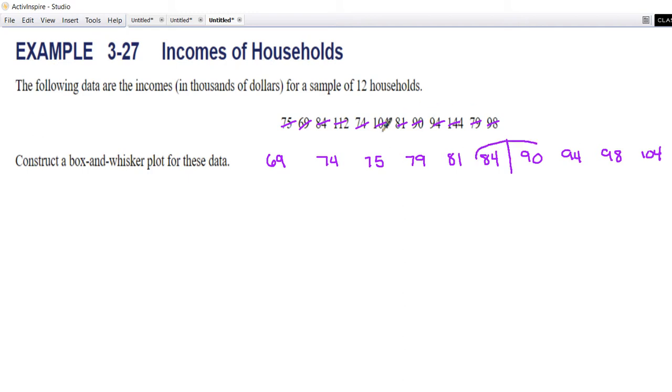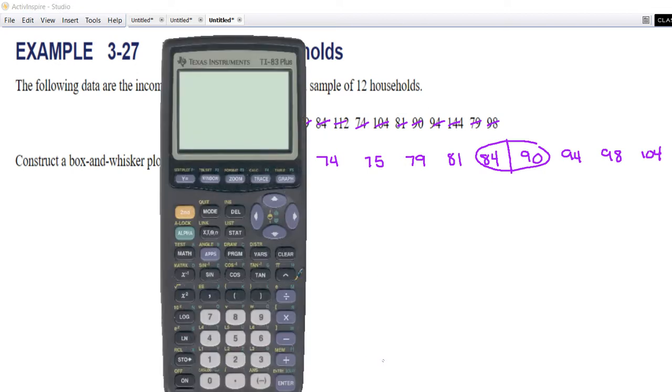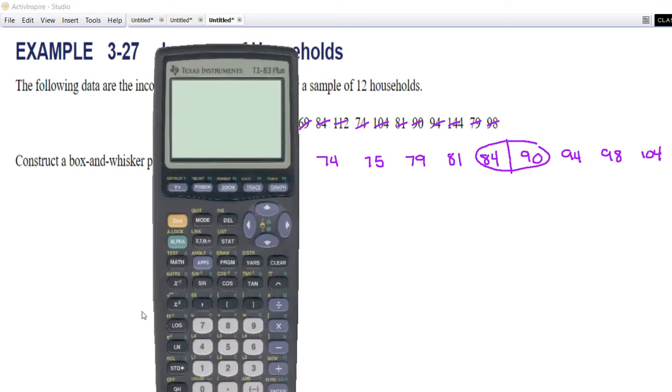So I want to find the average of these two numbers. I am going to do 84 plus 90, and then divide that by 2. So I get 87. So my median is 87.